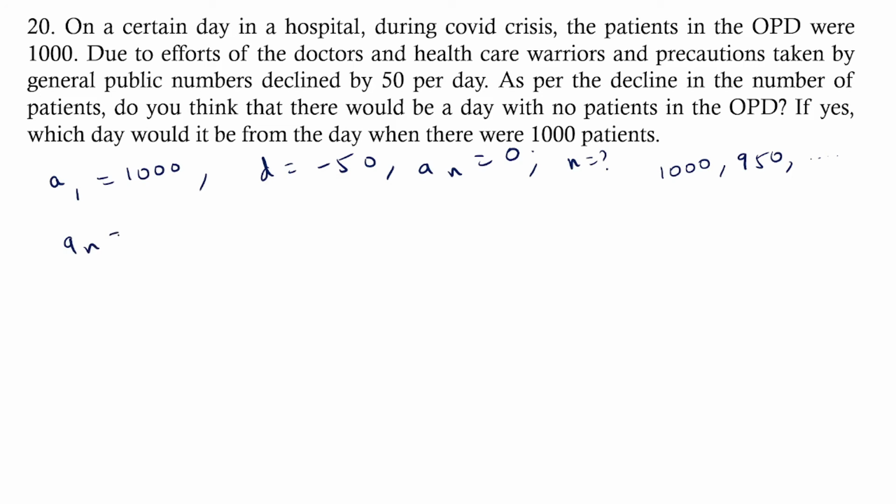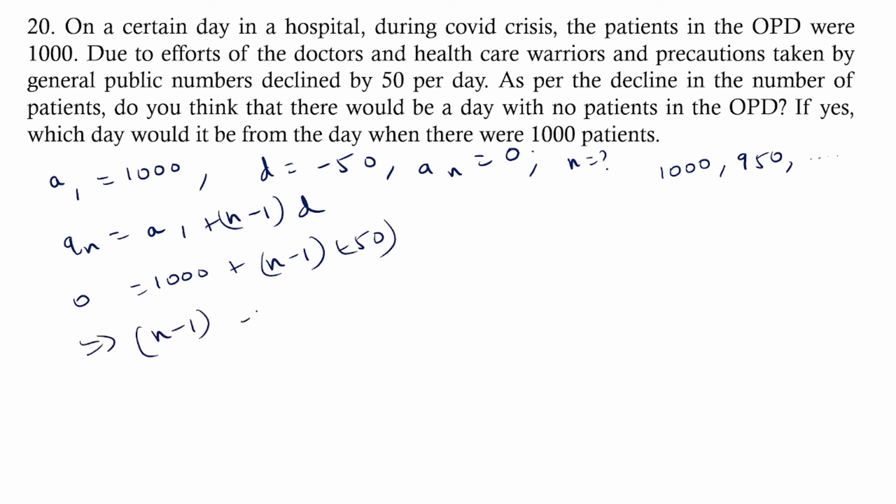So this is very easy. We know how to find an. An is calculated as a1 plus n minus 1 into d. So 0 is equal to 1,000 plus n minus 1 into minus 50, or we have n minus 1 into minus 50 is equal to minus 1,000.